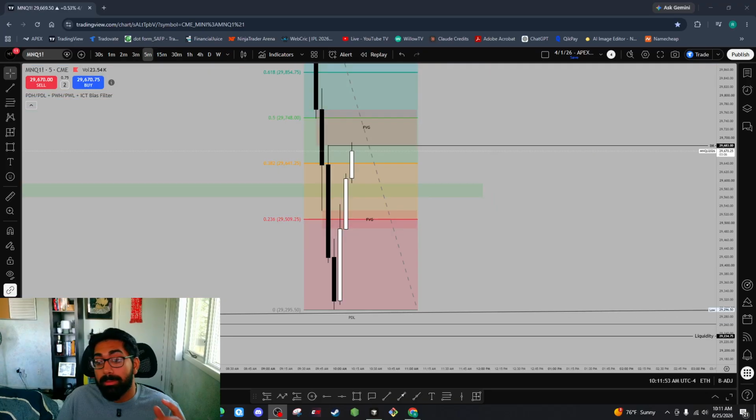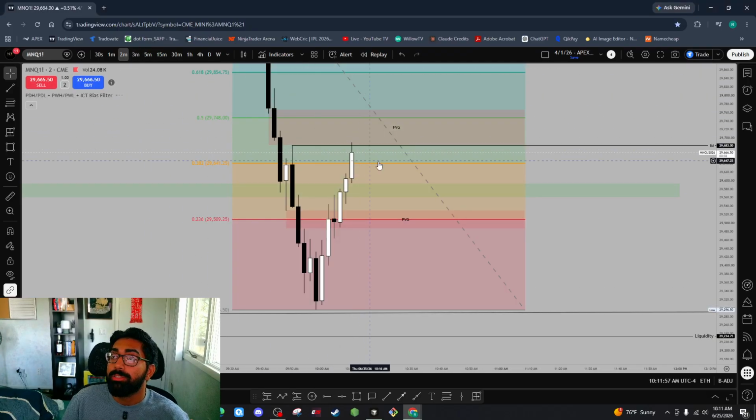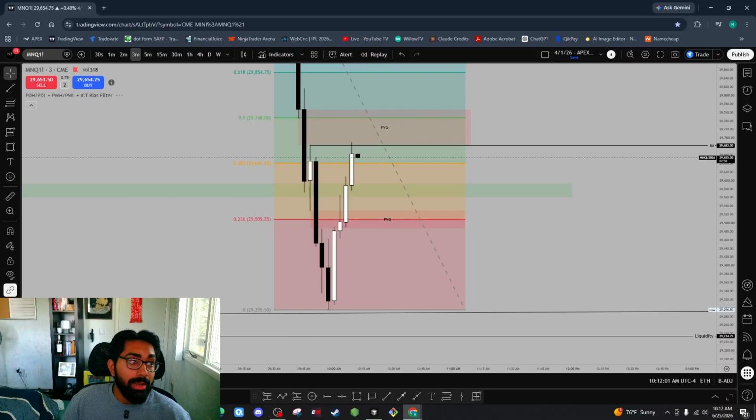Okay, like I said, price has entered that 3 minute and 2 minute intermediate high, right? 2 minute intermediate high, 3 minute bearish fair value gap. Now I'm just looking for a 30 second inverse, and we're good to go.